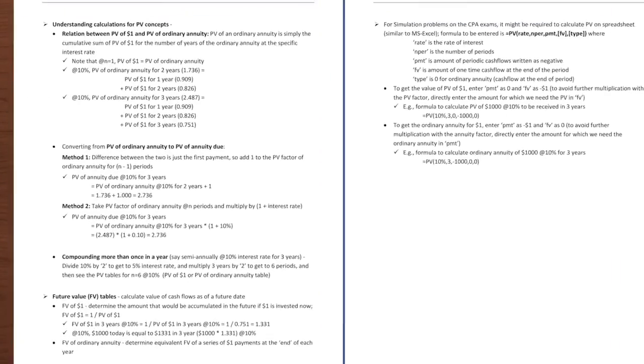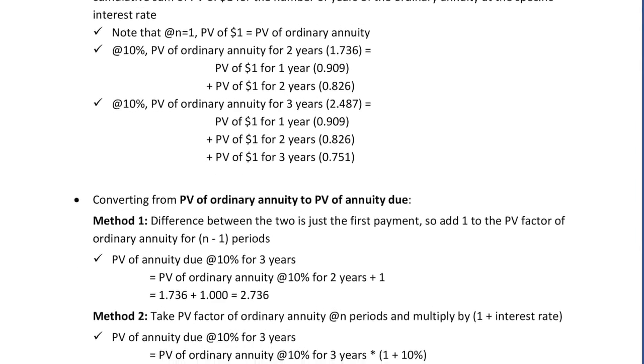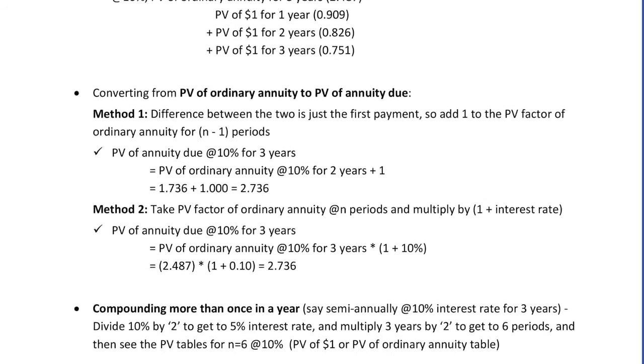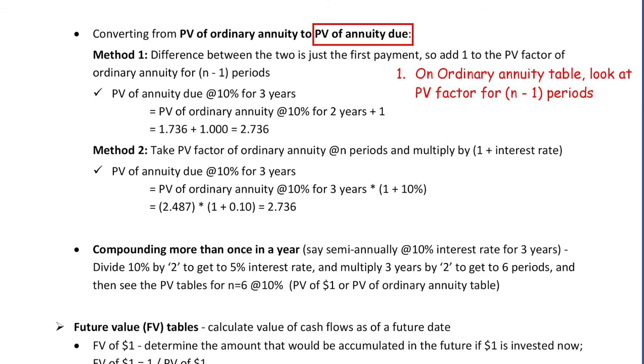Turn on to page 4, and on the second sub-bullet there, we're looking at converting from present value of ordinary annuity to present value of annuity due. So if you're given the present value of ordinary annuity tables and you're required to calculate the present value of annuity due, you can very easily do that in 2 steps. Step number 1, on ordinary annuity table, look out for present value of n-1 periods.